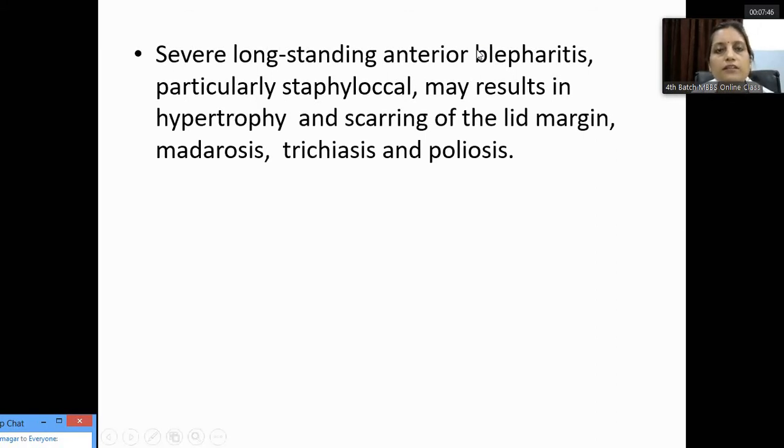So the sequelae of long-standing blepharitis in these patients: you can have chronic conjunctivitis, hypertrophy of the lid margins, misdirection of the eyelashes, which is called trichiasis, or falling of the eyelashes, madarosis, and poliosis, which is the discoloration of the eyelashes. So these different conditions can be seen.